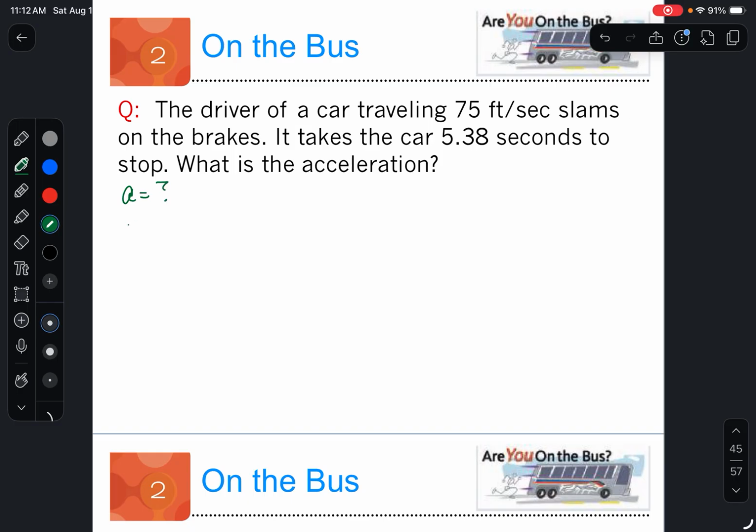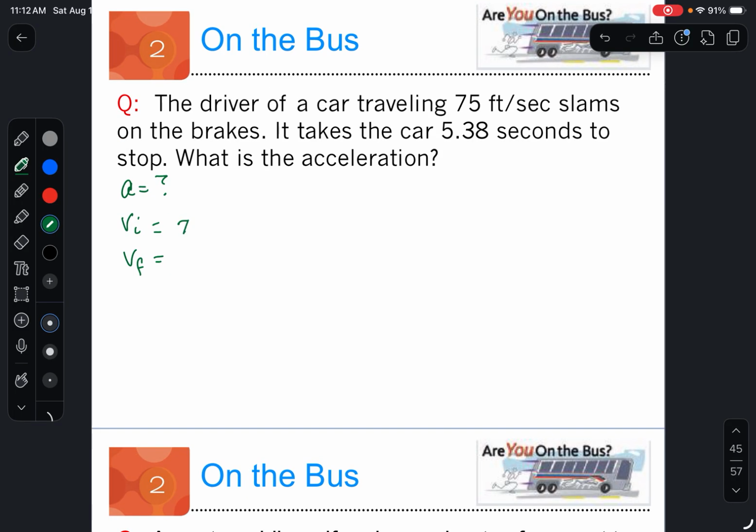The car has an initial and a final velocity. Initially it's traveling at 75 feet per second. When it slams on its brakes, it has no velocity because it's coming to a stop.